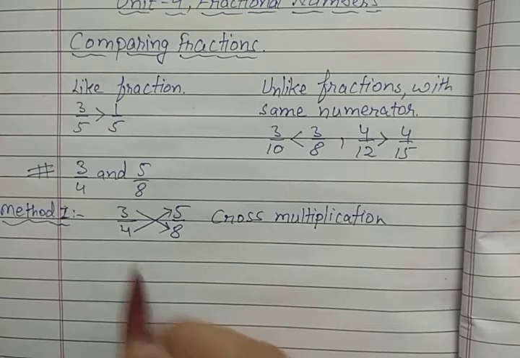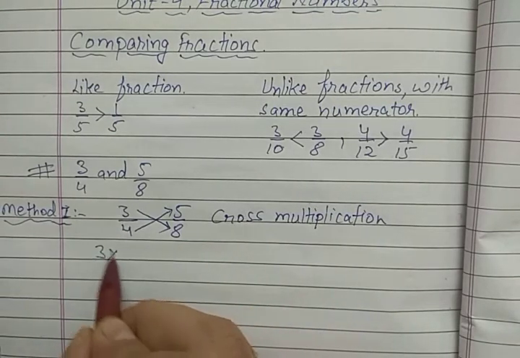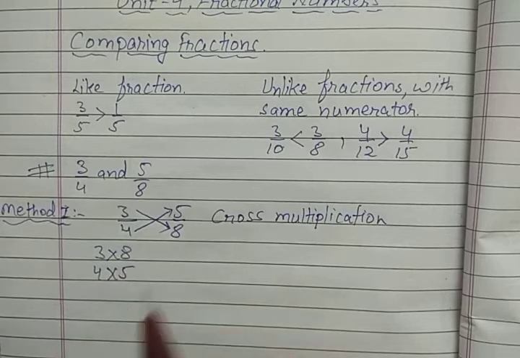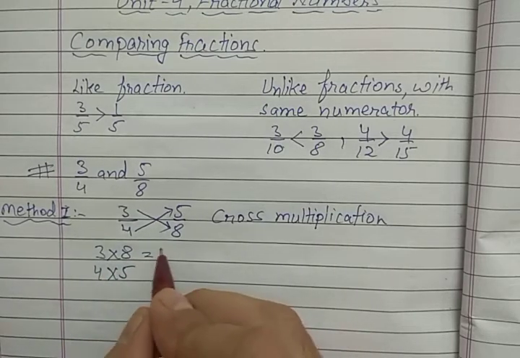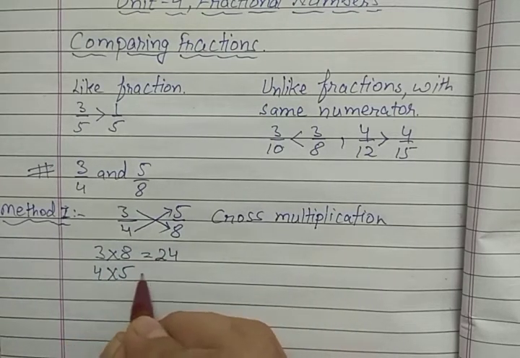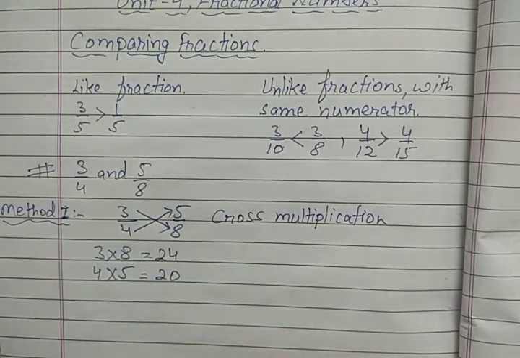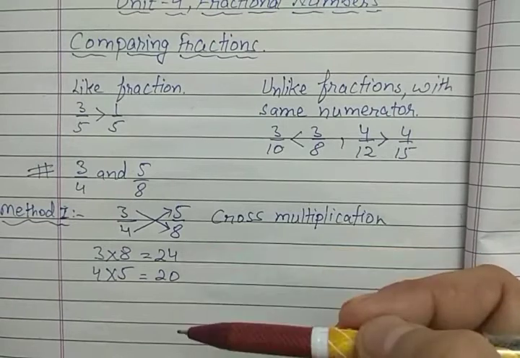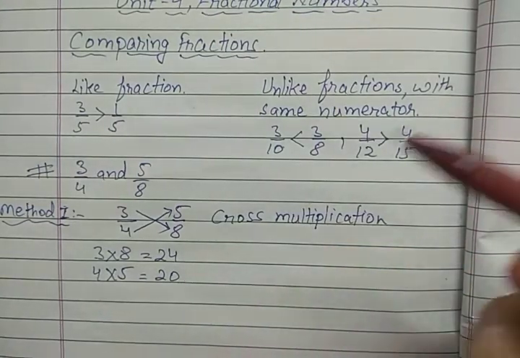Now multiply it. 3 multiplied by 8 and 4 multiplied by 5. So 3 8s are 24 and 4 5s are 20. Which one is greater, 24 or 20? Here 24 is greater than 20.